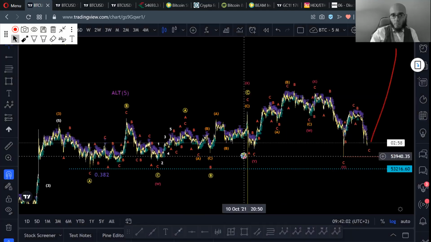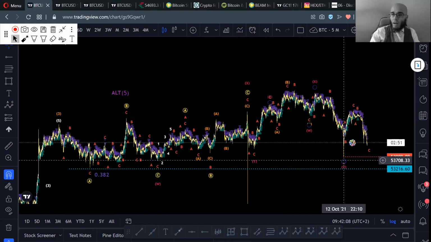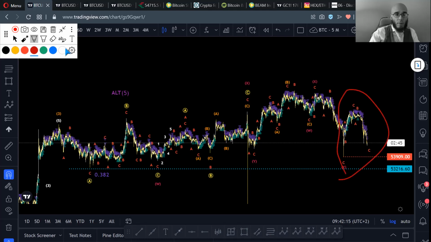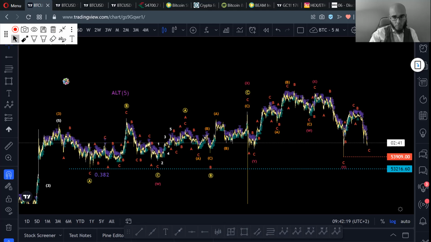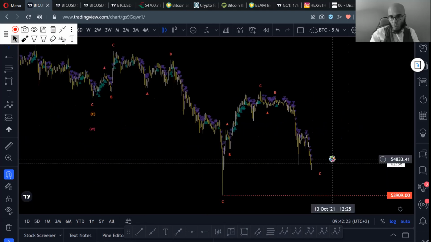So for now, I'm giving it a bearish label, still a corrective labeling to the last part we have. But if I zoom in, and let's do that now, I can show you what the alternate count would look like.